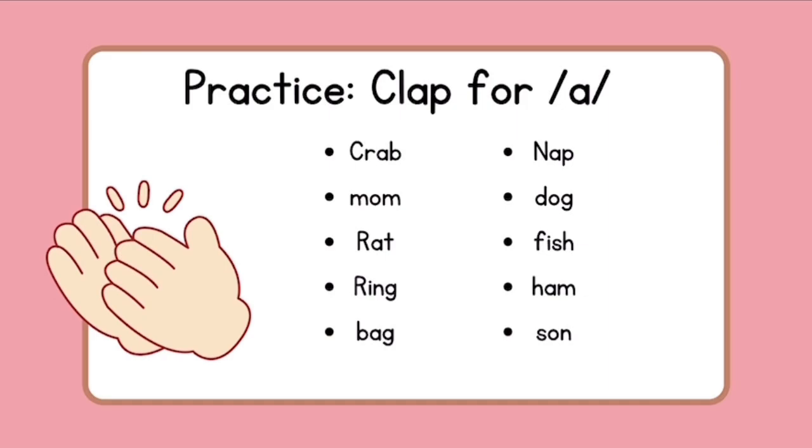For example, crab, we're going to clap. But if it says dog, no, we're going to stay still. Or rat. This is going to keep the students active, and it's going to help them recognize the short A sound in different words.